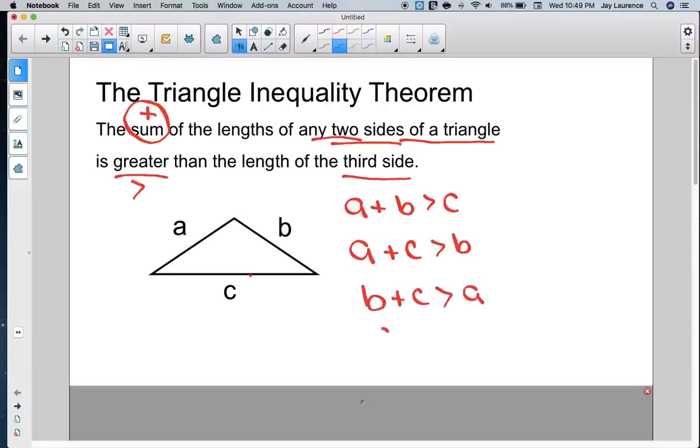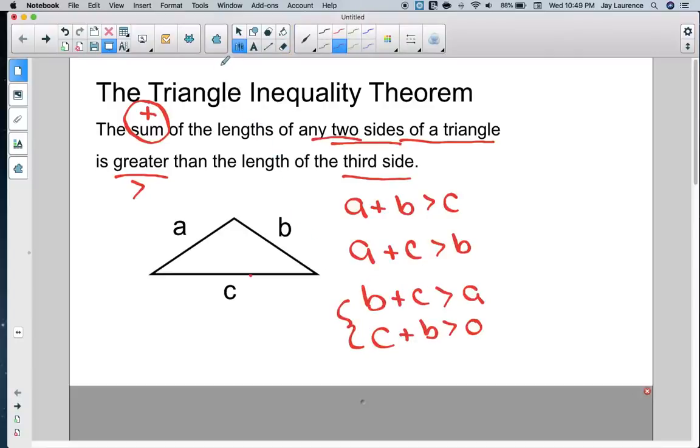Now, I wouldn't waste my time doing this one too. Some of you might be going, oh, well, there's more inequalities. Ooh, sorry, that's a D. That shouldn't be a D there. My mistake, because there is no side D. It's a triangle. There's only three sides. These two are equivalent statements, and therefore I don't need to put both of them on there.